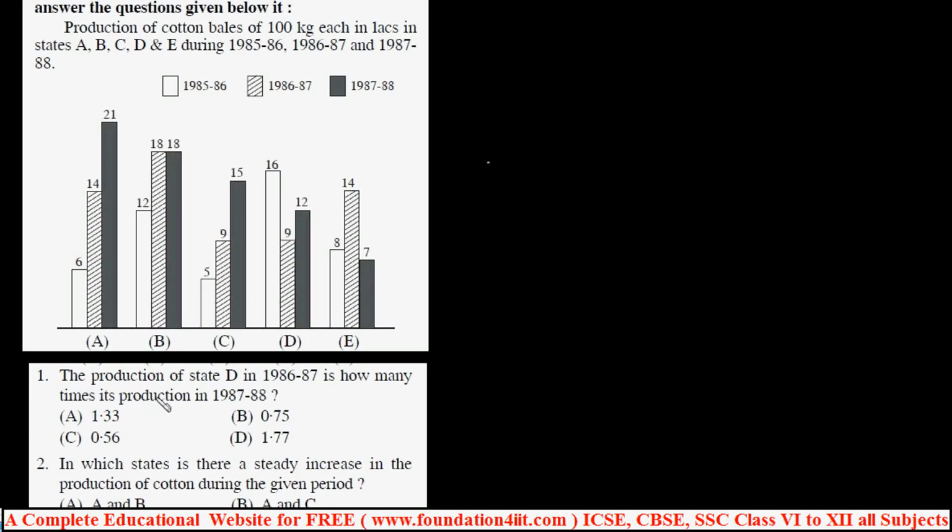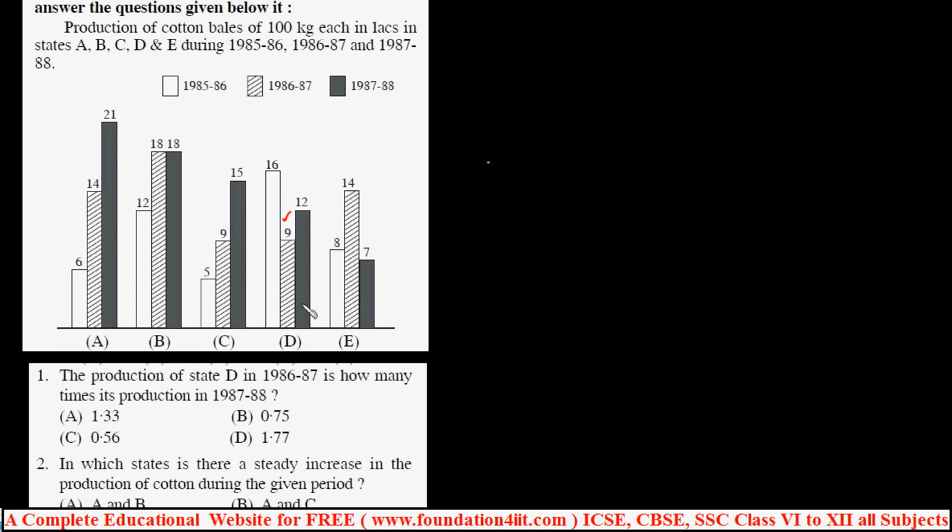See here. The production of state D in 1986-87. This is the D state. 1986-87 is the slant line, so this 9. How many times is it the production in 1987-88? 87-88 is the shaded one, in the same state, so here we can take 12.